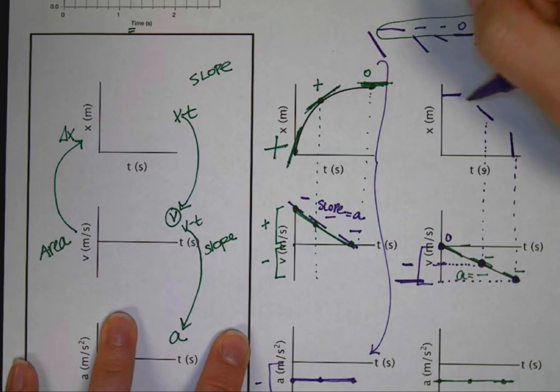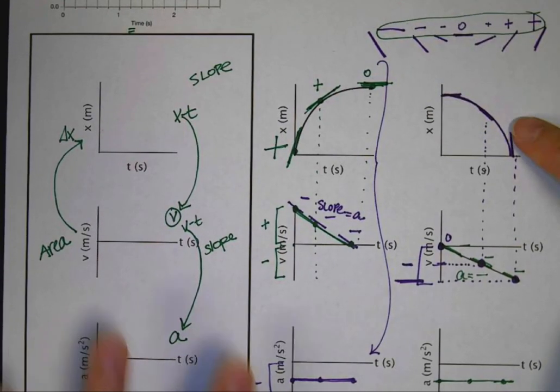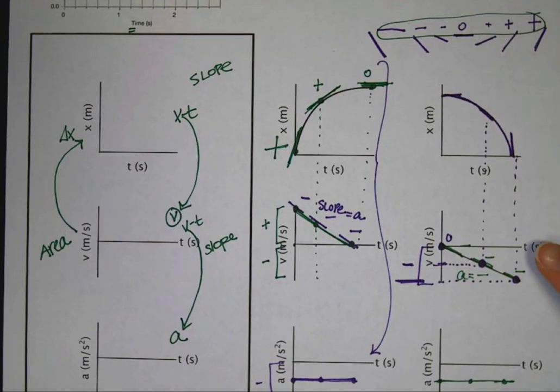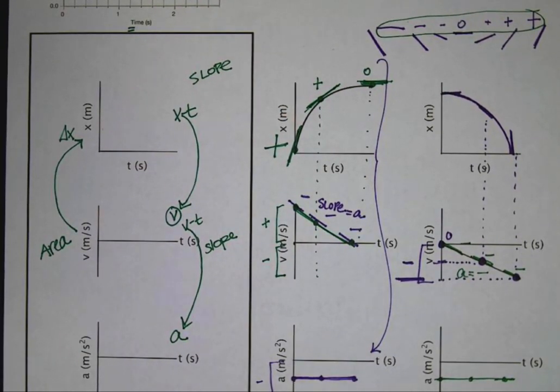If I connect those, I get this nice curve. So the position time graph would look like that for something that has a velocity time graph looking like this. That's the general idea of switching back between drawing these graphs from xt, vt, and at.